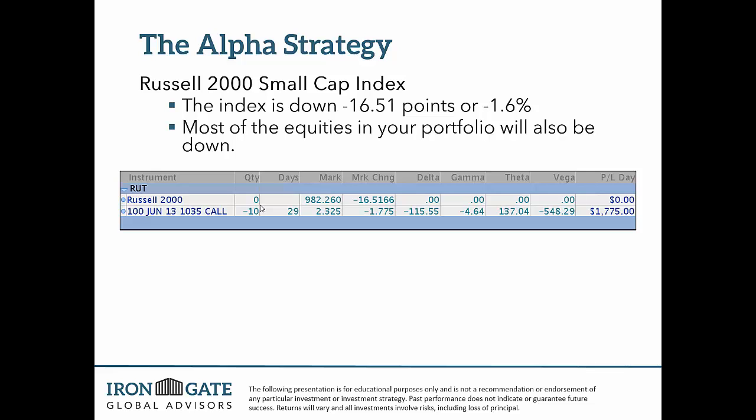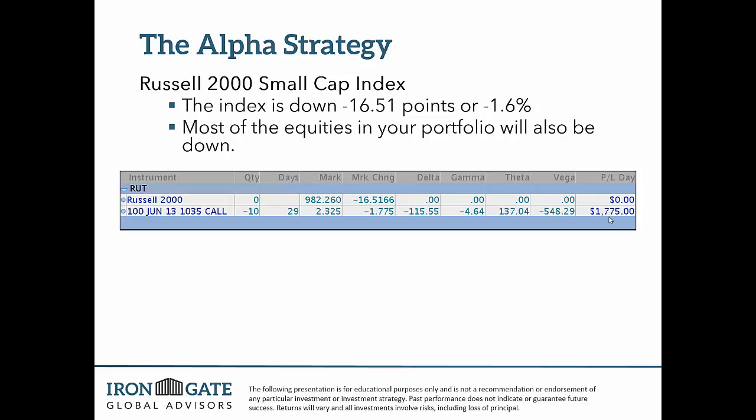Anytime we sell a call, just like the Amazon example, and the market is down, or a stock is down, in this case the Russell 2000, then you can benefit, meaning you can make some money. And you can see in this example that just on those short calls, you made almost $2,000, $1,700, right? Here's the problem with just that trade.